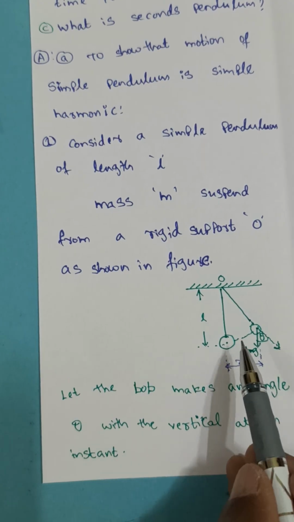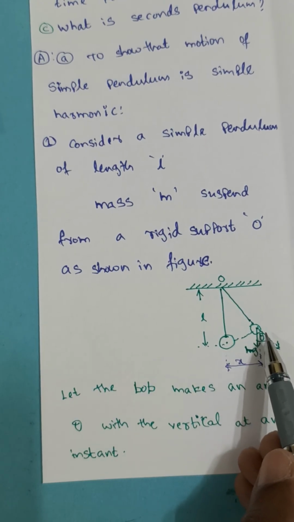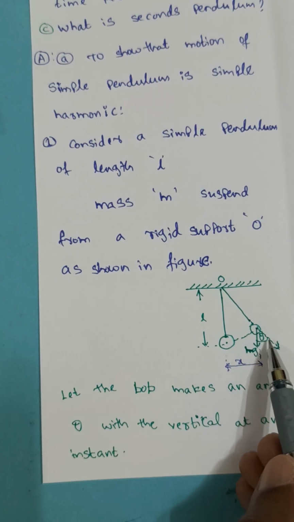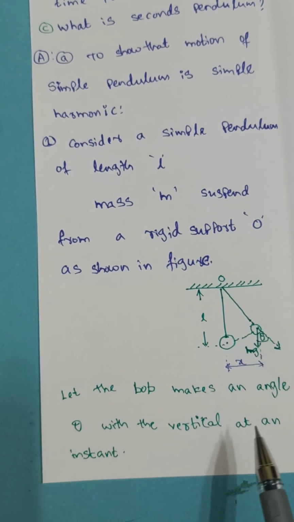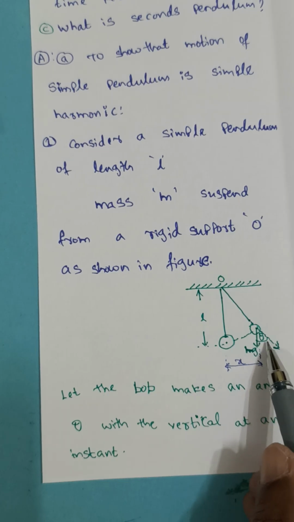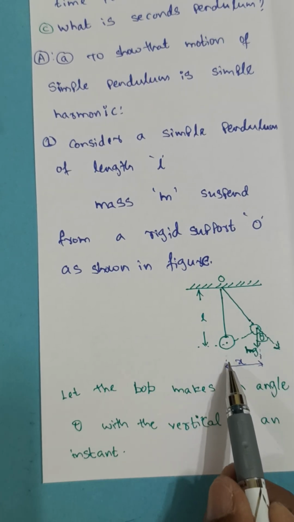See here, instant means we are pulling aside, so the bob makes an angle theta with the vertical. Clear?